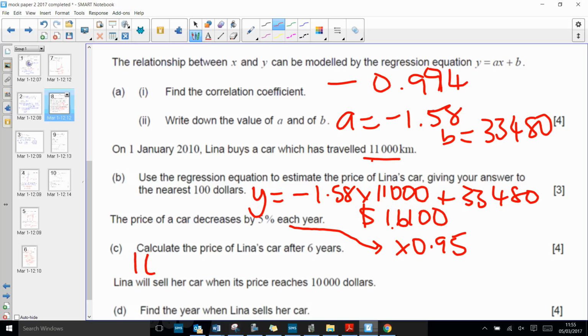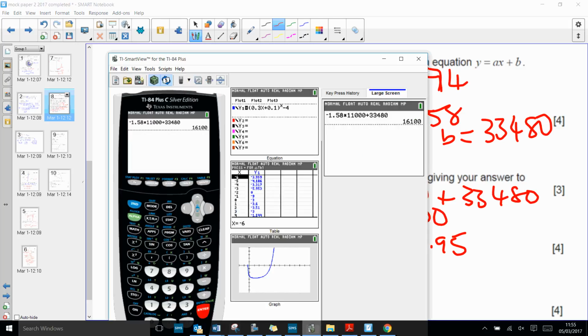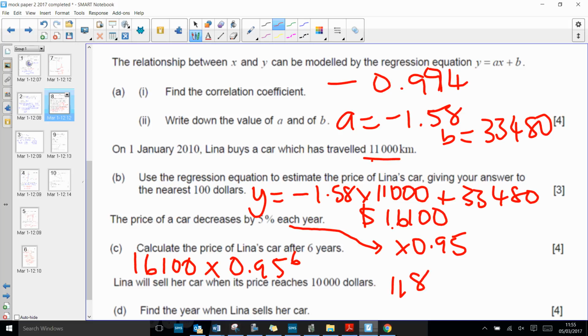So 16100, we're going to multiply it by 0.95 to the power 6. That is 11835. That's for this one.